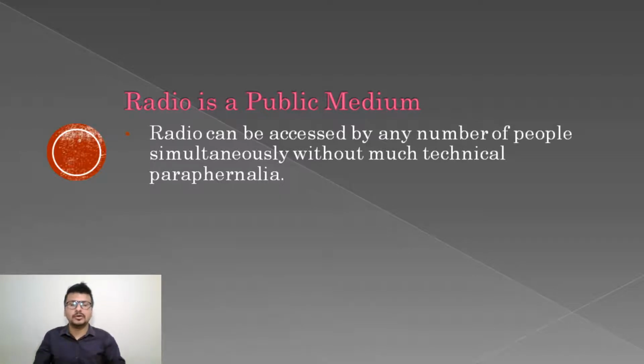A lot of people access radio at a single time without any chaos, and people are getting information, entertainment, and educational things from it. So these three modes of media, education, information, and entertainment, are all covered by radio as a public medium. So the public is getting benefit. It's the second characteristic of radio.